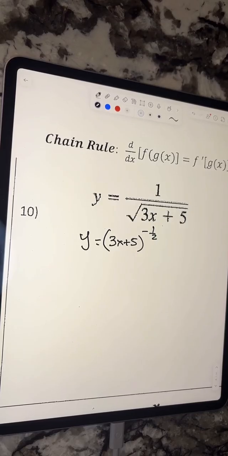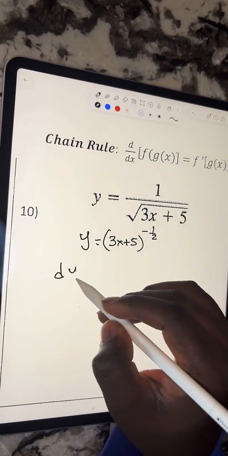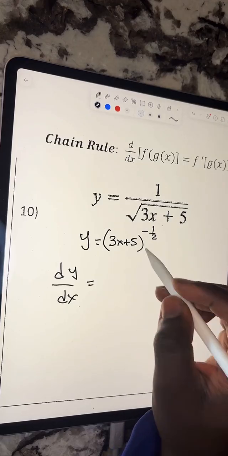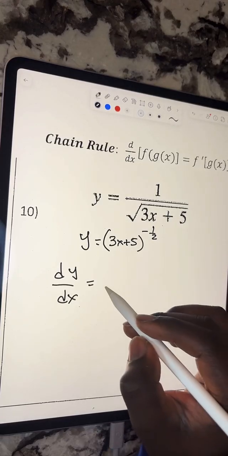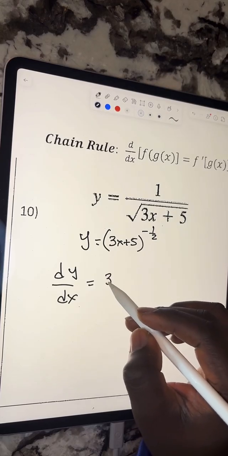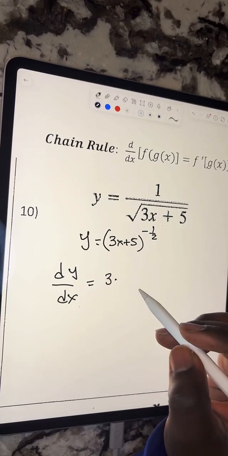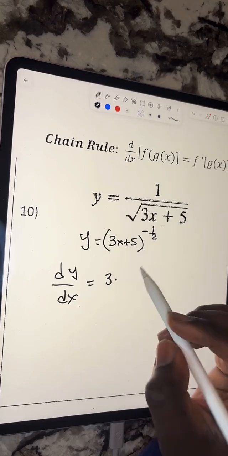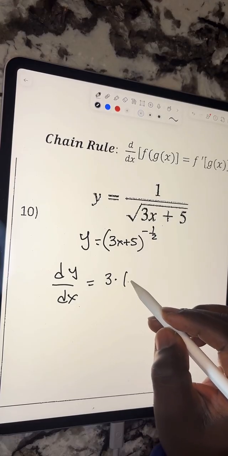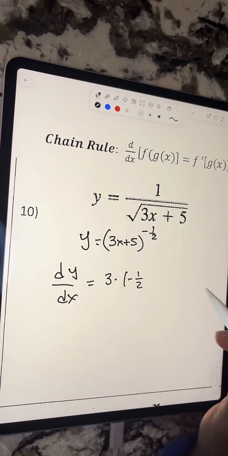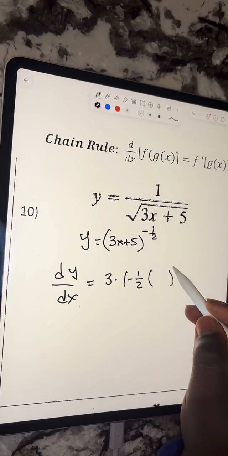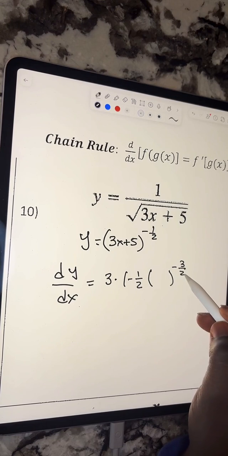Okay, so now what does that become? So then dy over dx now, the inside function is 3x plus 5. The derivative of 3x plus 5 would be 3, times the derivative of the outside function, that would be negative 1/2 times blank to the negative 3 halves.